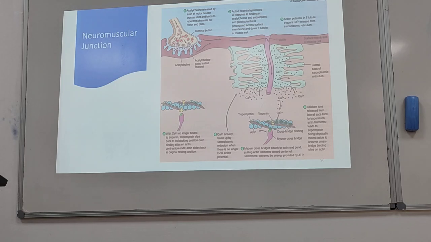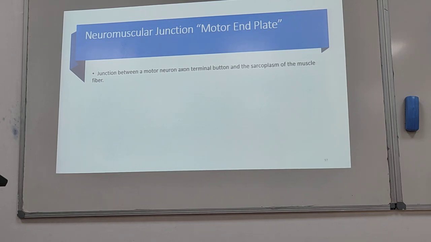Nerve, neurotransmitter, action potential reaches my muscle and releases calcium. Calcium binds with troponin and removes tropomyosin, the active site is exposed and the myosin head binds with the actin. This is called muscle contraction. Now to make you relaxed, we will discuss these steps slowly.